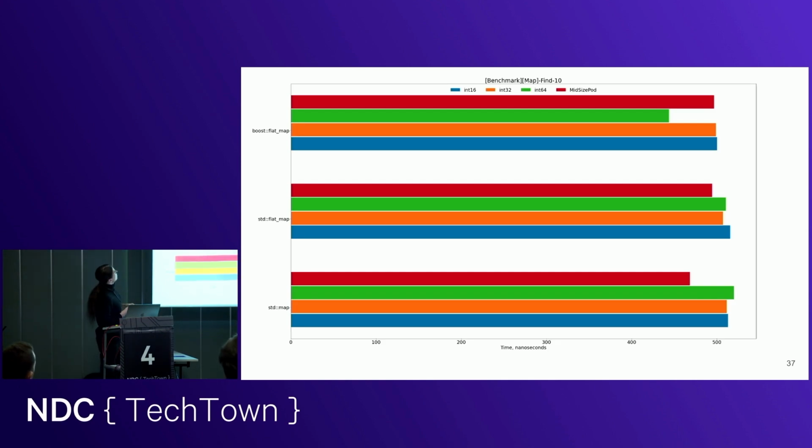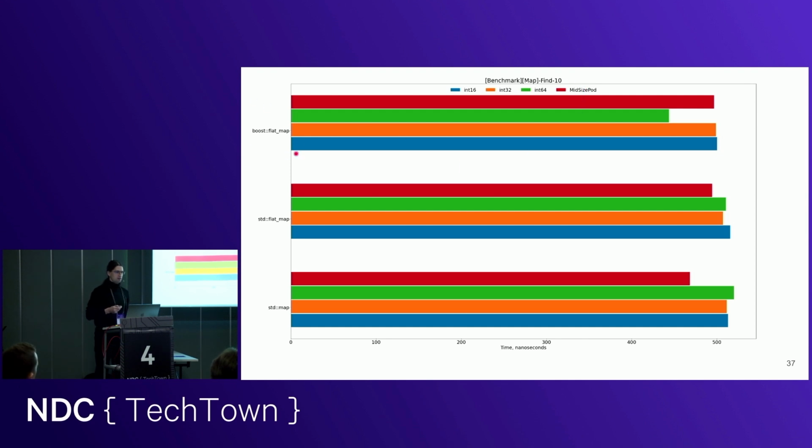So is it readable? I hope it's more or less readable for you guys. So at the top here we have what we are benchmarking. There is an elements count, 10. We are doing find for 10 elements. Here from blue to red, we have 16, 32, 64, and mid-size POD.